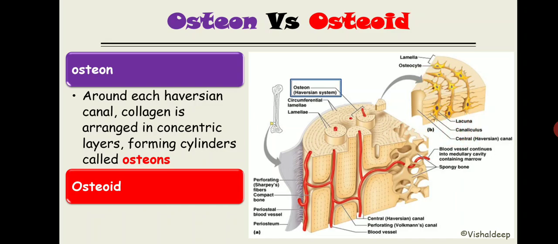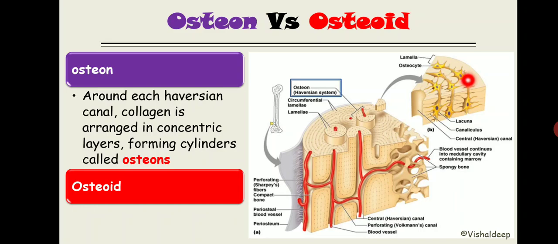Got it? Now what is the osteoid? Now you can see this osteon has a round structure, right? Inside that round structure there are different lamellae, and in between these lamellae there is a space known as lacunae, and inside that lacunae there is an osteoblast that eventually becomes an osteocyte.